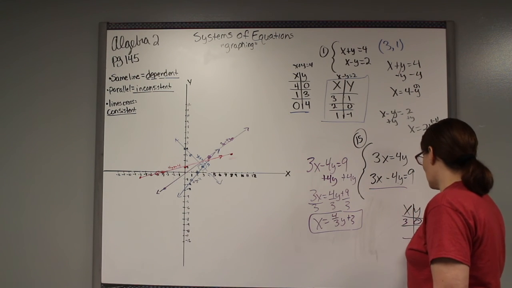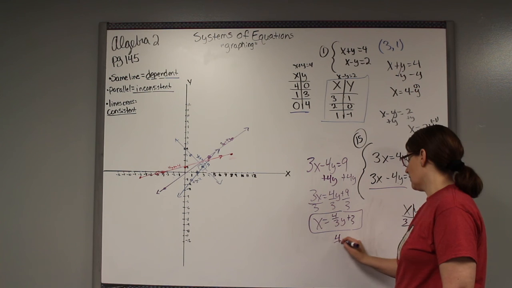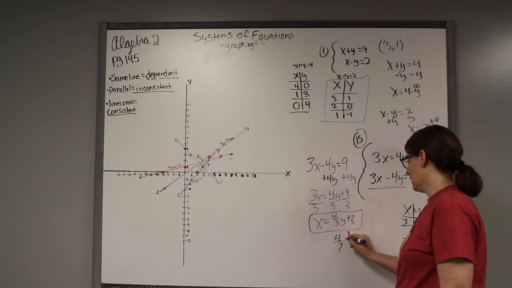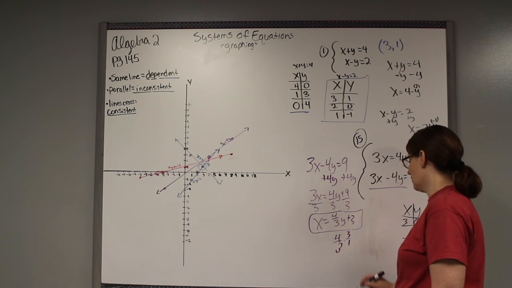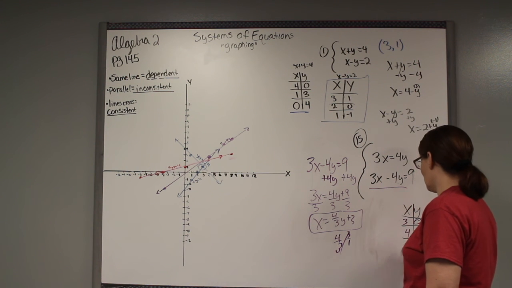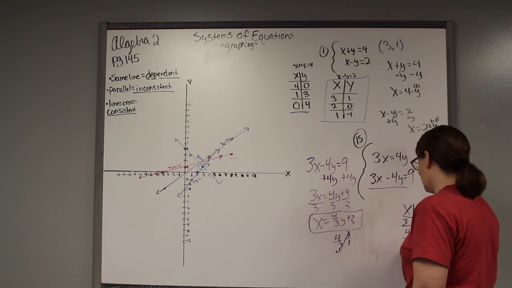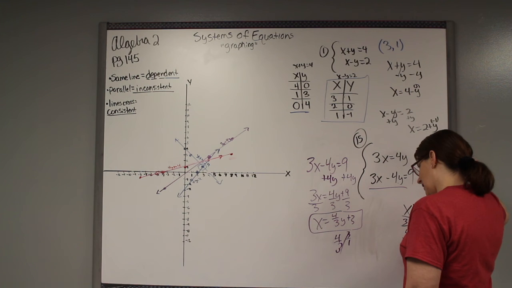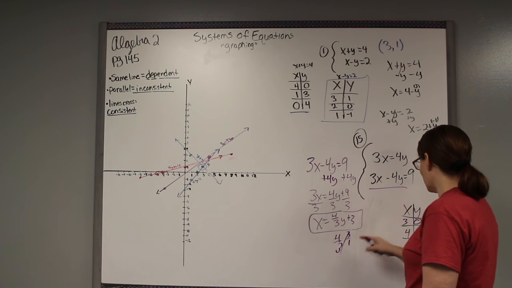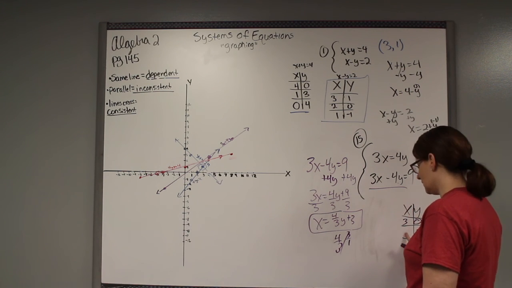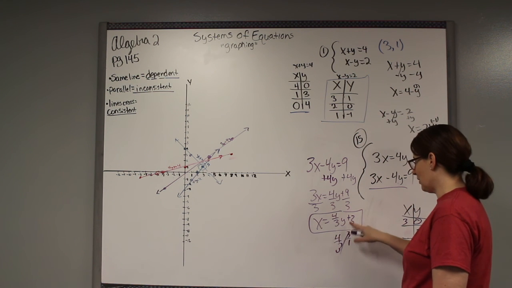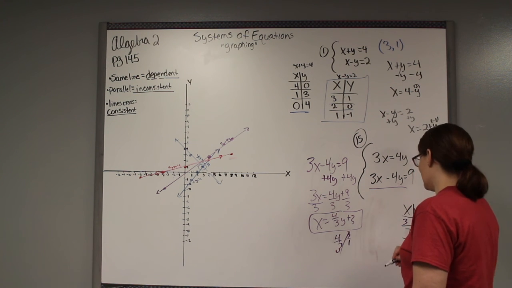Then I'm going to pick 3, so 4/3 times 3 equals 4, and then 4 plus 3 is 7.